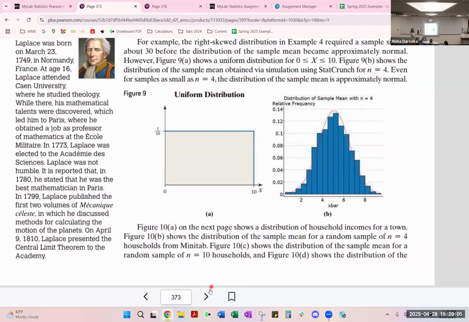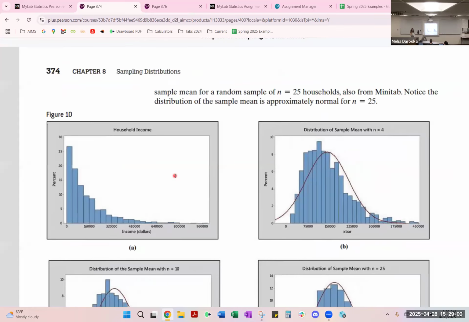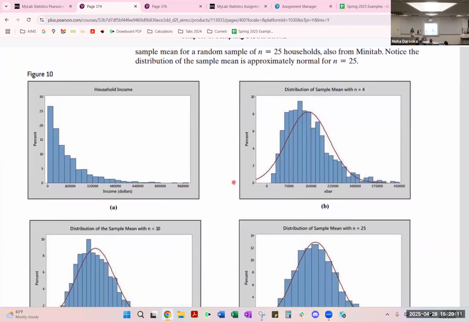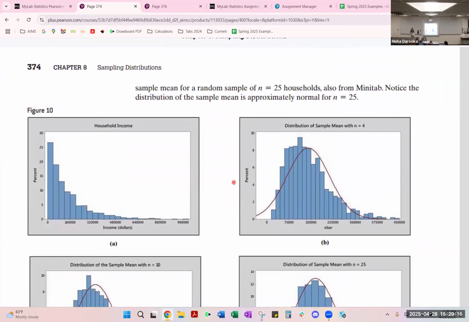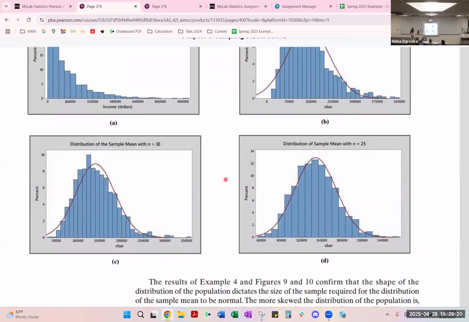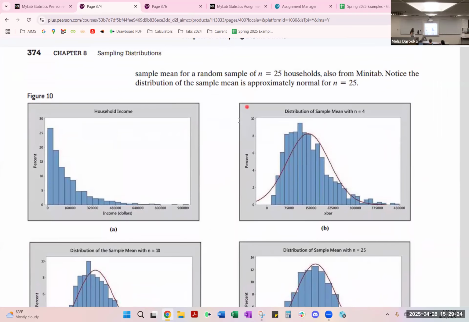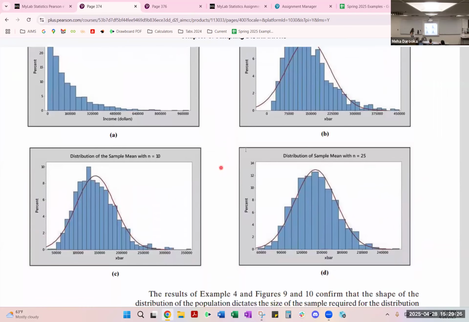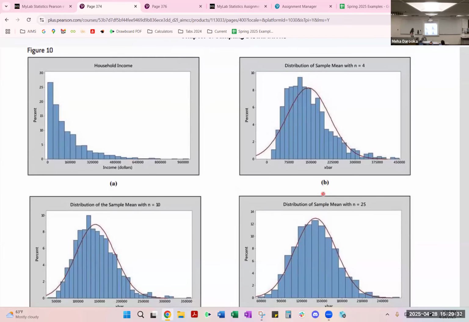But they're not specifically saying 30 is our rule of thumb. So even for n equals 25, they are saying that you can have approximately normal shape, and that's this D graph over here. So they are showing you different sample sizes.